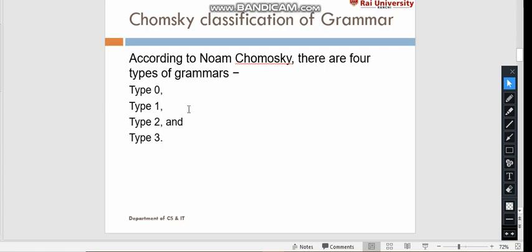Type 1 is known as context-sensitive grammar. And type 0 is recursively enumerable grammar. Now we will discuss each grammar in detail: what is the way of representing this type of grammar and which type of machine accepts the language generated by this type of grammar.